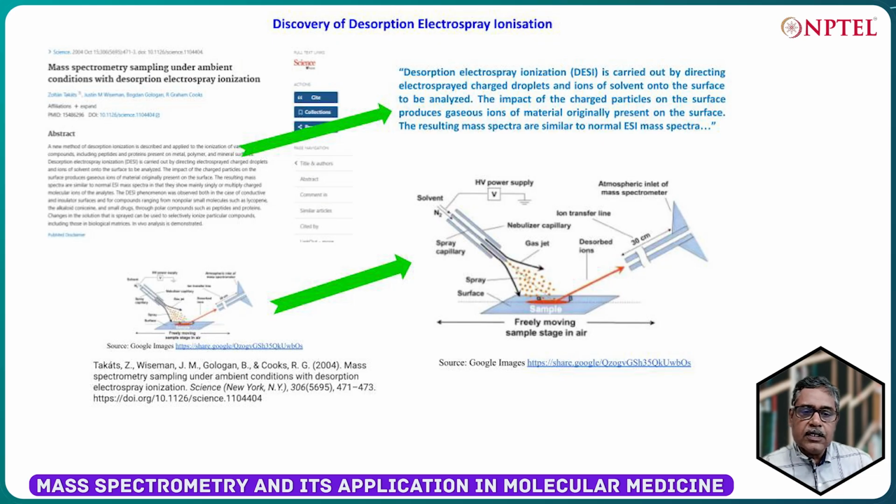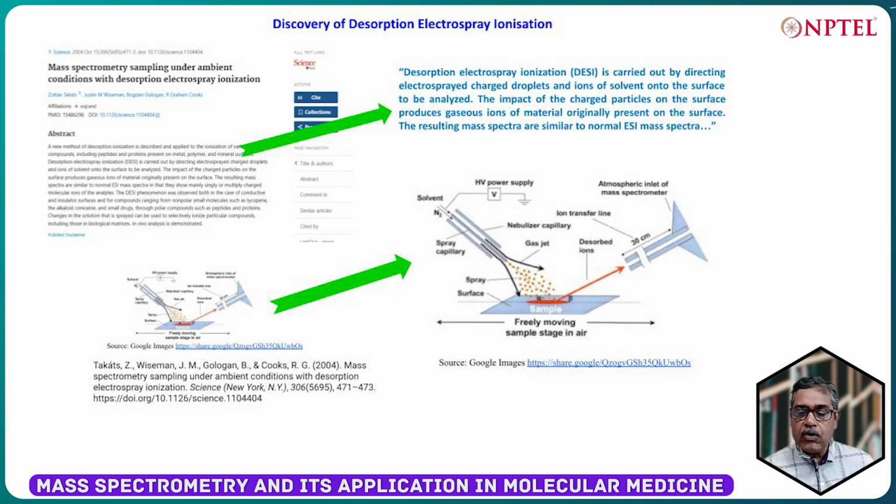So here is the schematic representation of the desorption electrospray ionization technique, where there is a gas jet, and the main important thing is this spray of solvents. The solvent is sprayed on the surface on which our sample of interest is sitting, and this solvent has charged ions in it, so it causes the analyte from the experimental surface to come out into the gas phase, and then obviously there is ionization of those analytes.